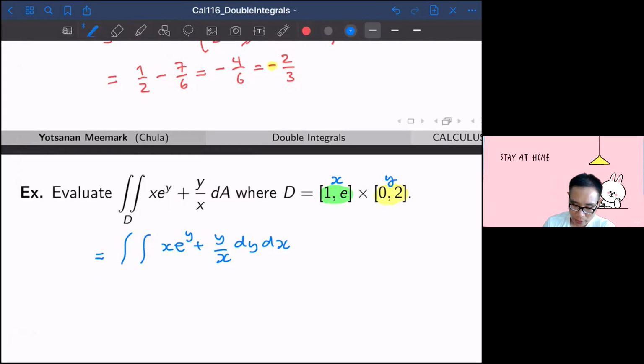So you're going to have 0 to 2 inside, and you have 1 to e outside. And you're going to compute the inside one first.